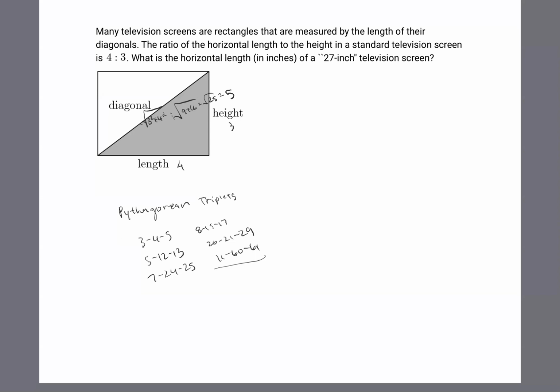If you don't trust me, you can square them and add them up. These are ones that you should basically know for competitions, because it's easier to remember them rather than to square everything, add them, and then take the square root. So I think it's good to be able to remember most of these.